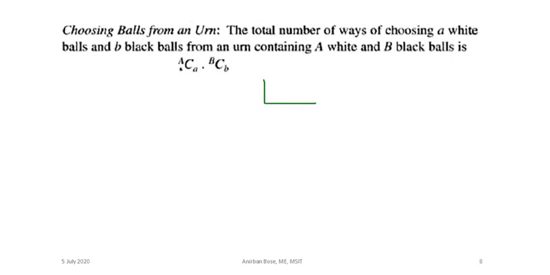Let us consider this is the urn of white balls, containing A number of white balls, and this is the urn of black balls, containing B number of black balls. The question is, how many ways can we choose a white and b black balls?